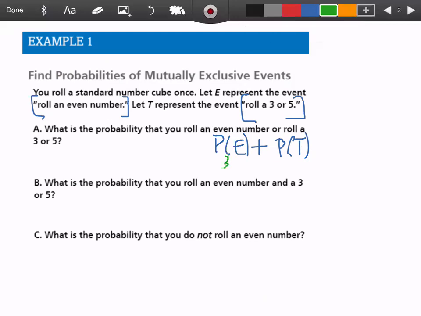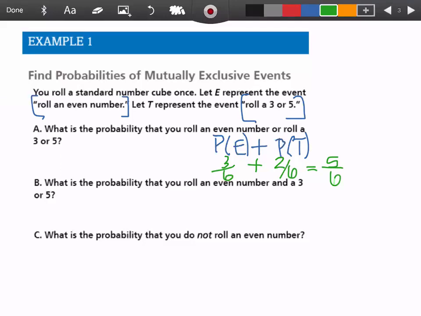So that's 3 out of the possible numbers, and there are 6 different ones, so 3/6. Plus the probability that you roll a 3 or a 5: that's 2 numbers out of the 6 numbers, so 2/6. Then we add these two and we get 5/6. So the probability that you roll an even number or roll a 3 or a 5 is 5/6.